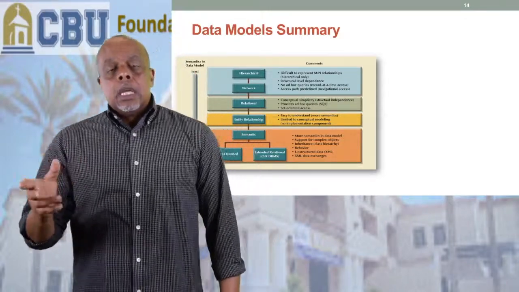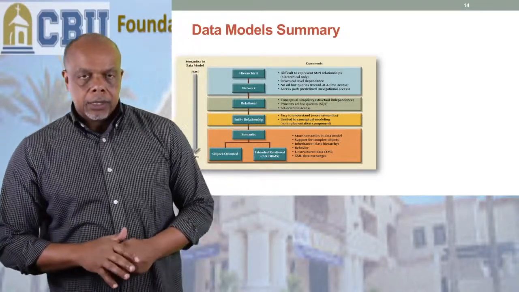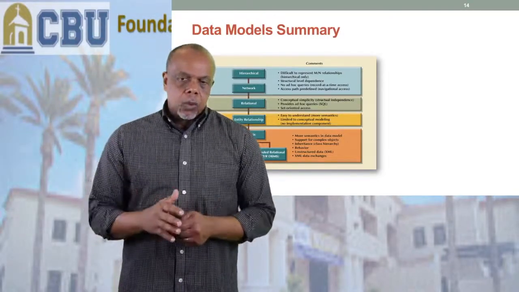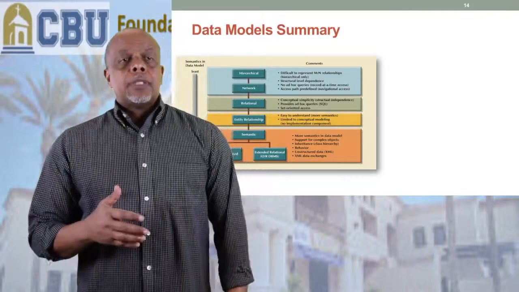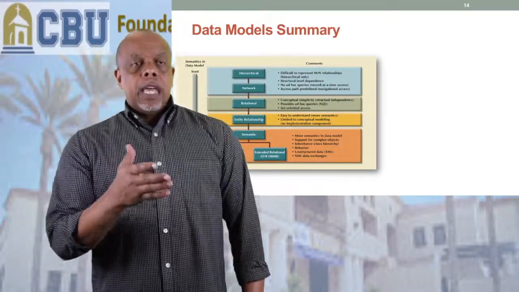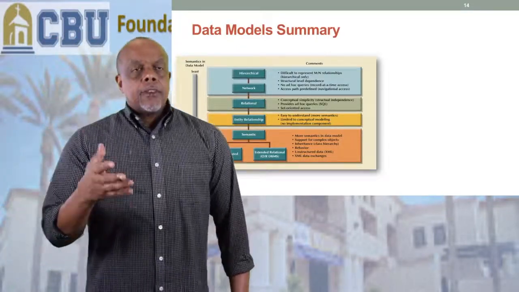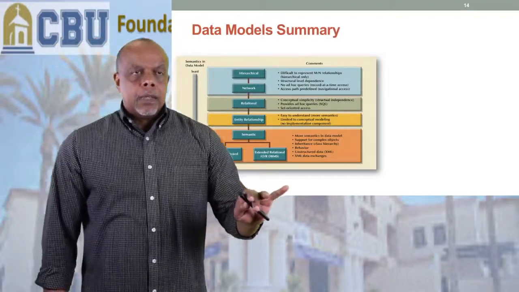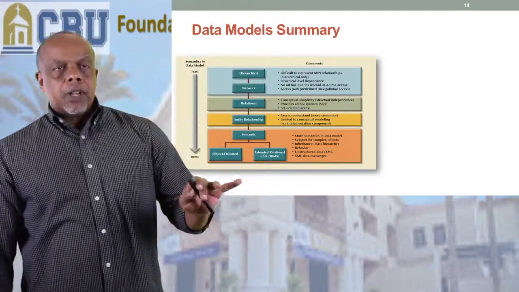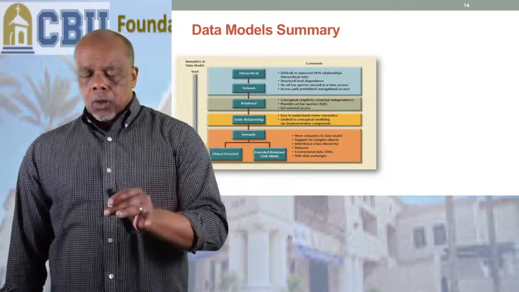We still use them, but really we've moved more to relational databases like SQL or Access. And then we still have the entity relationship model. We talked about the ER databases. And from there we have what we call semantic-driven models, which would be our object-oriented and even our extended relational object-oriented databases.